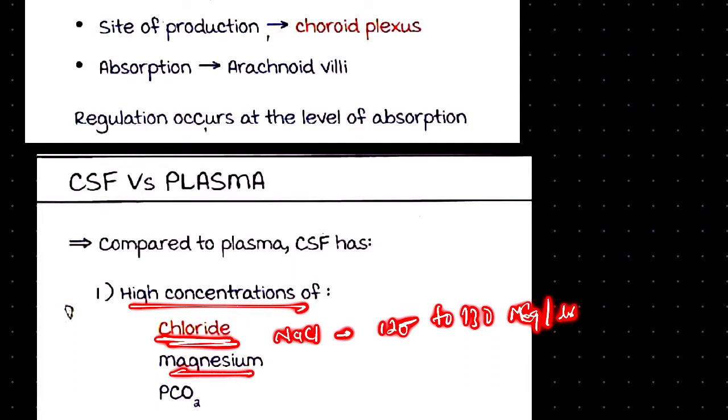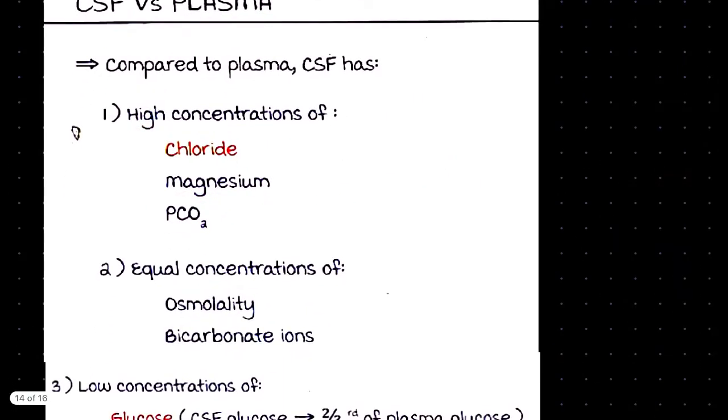And magnesium is also comparatively higher in our CSF, and partial pressure of CO2 is also comparatively higher in the case of our CSF. Okay, moving further, talking about equal concentration, our plasma and CSF are equal in terms of osmolality and in terms of bicarbonate ion.